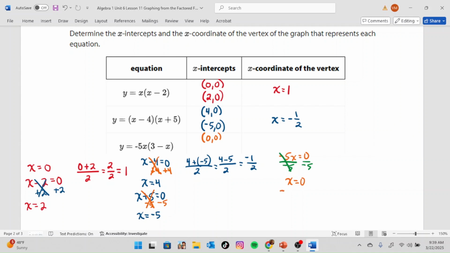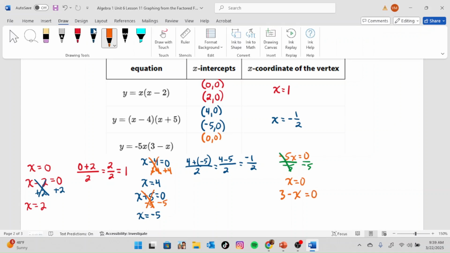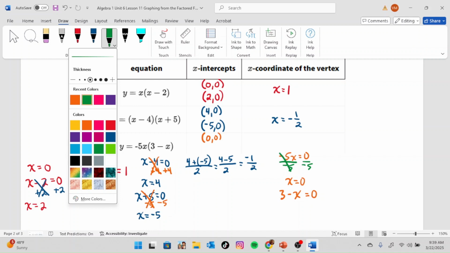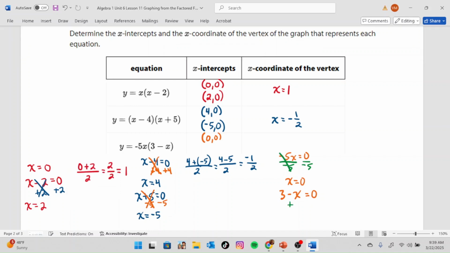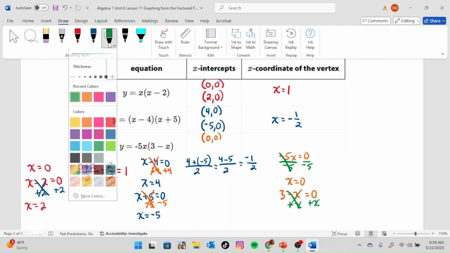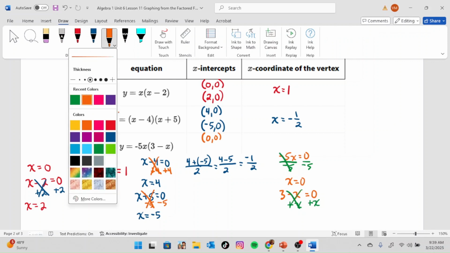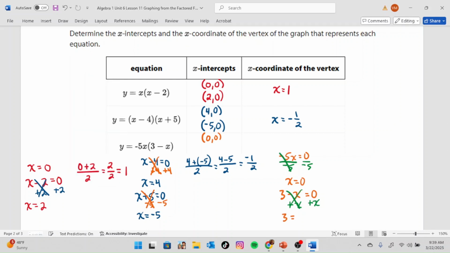Next, we set 3 minus x equal to 0. We add x to both sides. And this gives us 3 equals x.